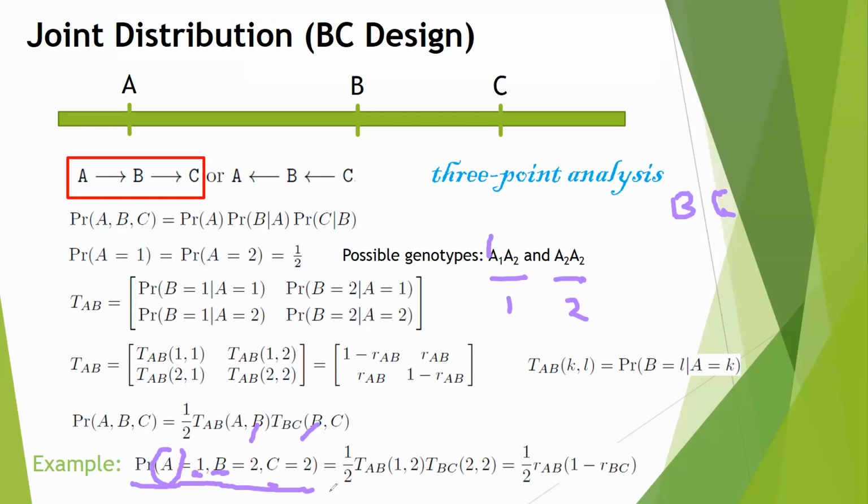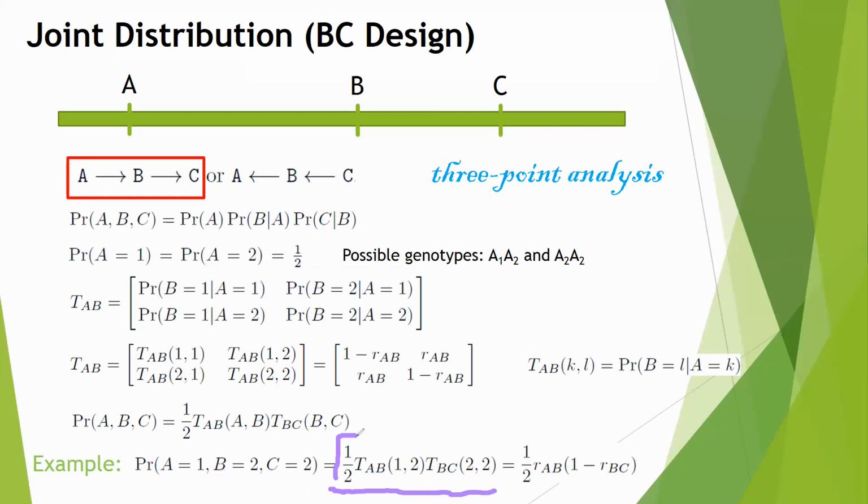What's the chance for you to have a genotype like this from this backcross design? This is how we do the calculation, right? Okay, so we put a 1/2 here. What is the 1/2? Can anyone tell me?